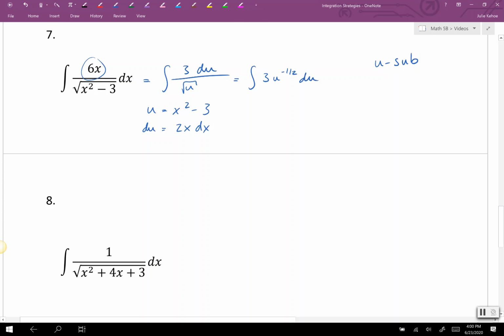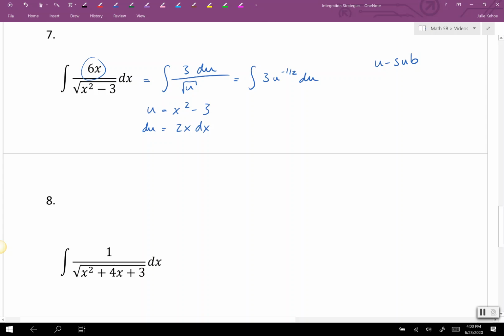Integration by parts, not very good of an option. There's no trig functions. So I'm thinking, because of the root, I kind of want to use a trig sub, but it's not a binomial, it's a trinomial in there. So the big question becomes, well, can I turn it into a binomial?